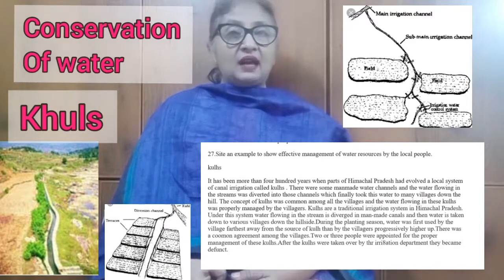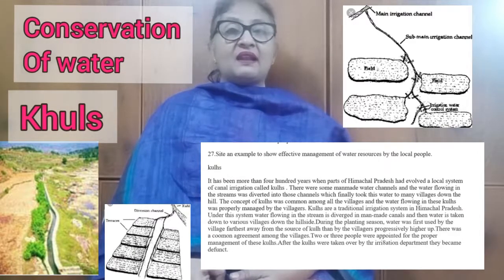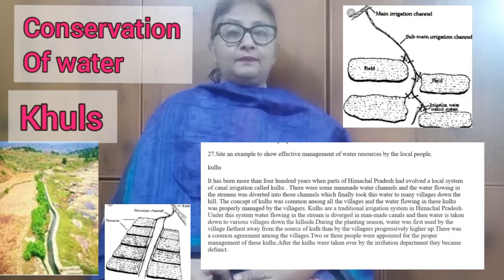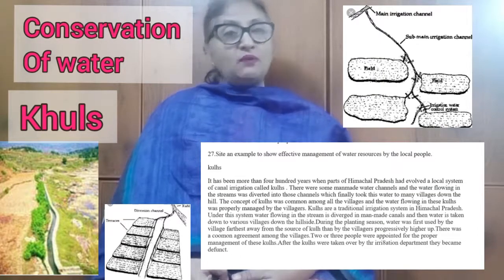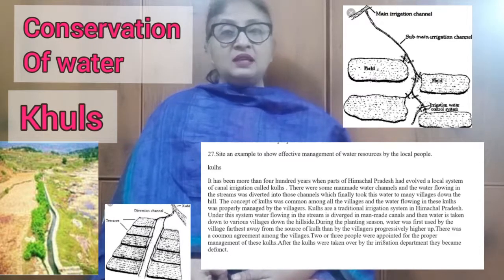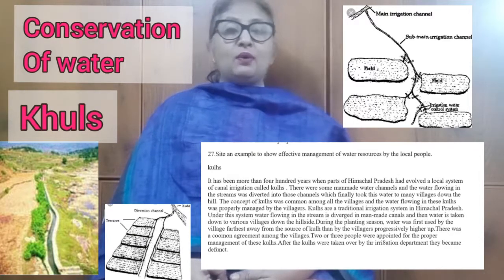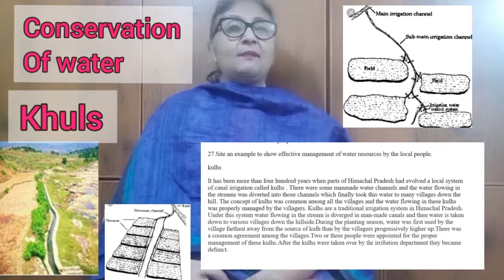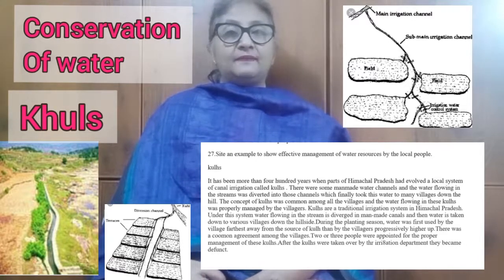Man-made channels are cut from streams and rivers, and this brings in water to the houses and also to the fields. It was an arrangement between 2 or 3 villages, and the water was equally distributed among these villages. There was a common agreement between the villages.